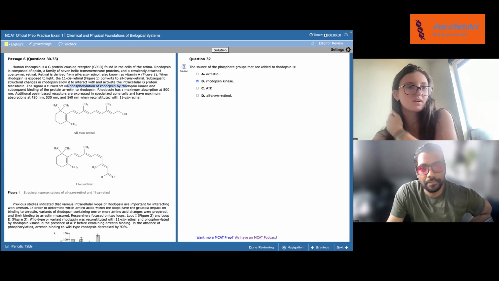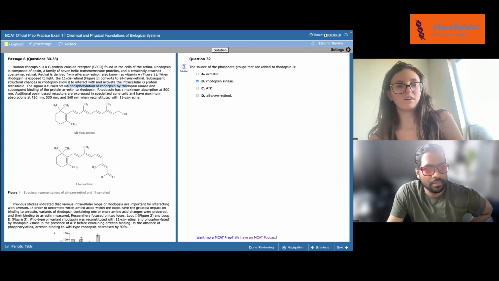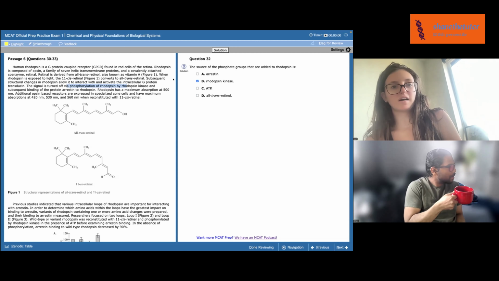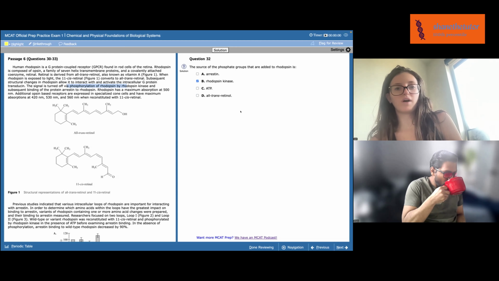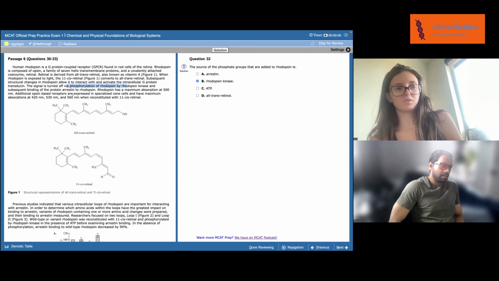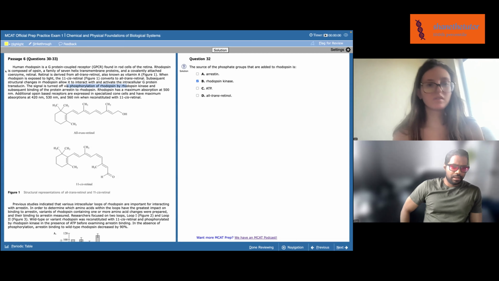When it's exposed to light, it converts to retinol. Subsequent changes allow it to interact and activate this. Okay, so retinol is the source of the phosphate groups. And then when it's turned off, the phosphorylation is removing those phosphate groups back by the kinase. So the kinase does the opposite. But arrestin, I don't remember.